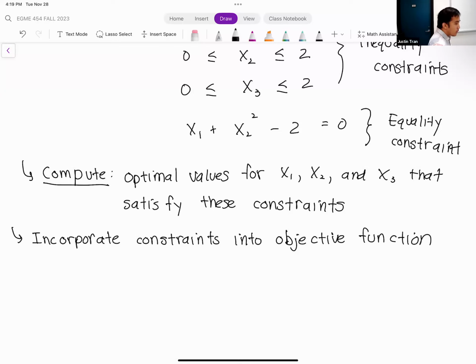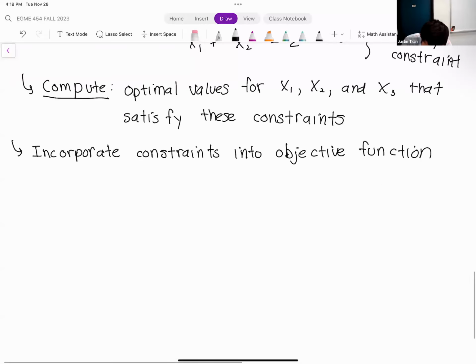And so the function that we're actually going to optimize is going to be our original objective function plus all of our penalty terms. It looks something like this. I'm going to define a new function, we'll call that capital F of x vector.